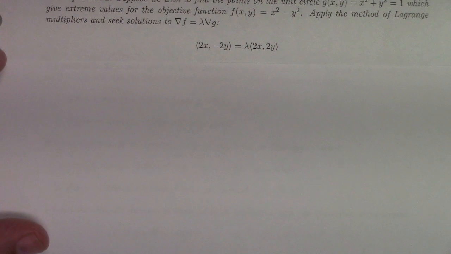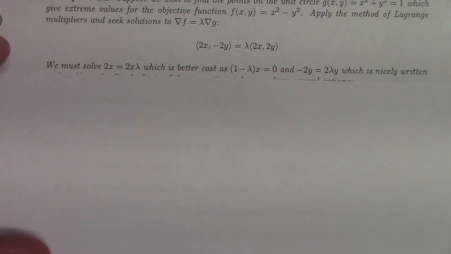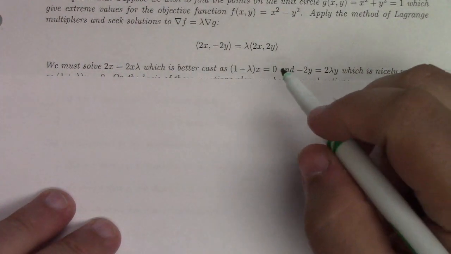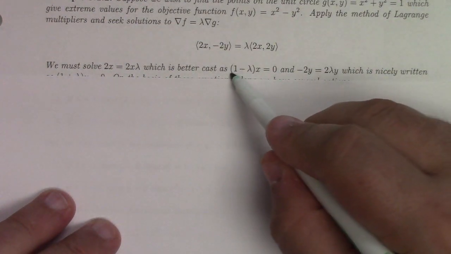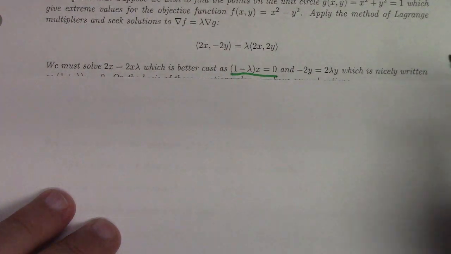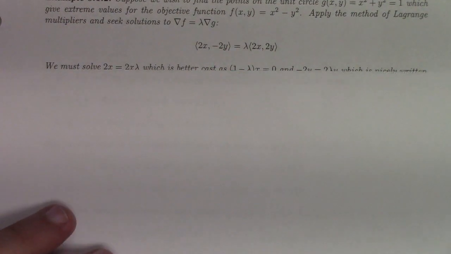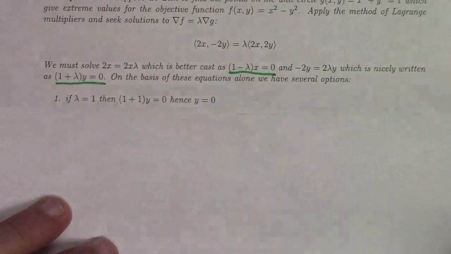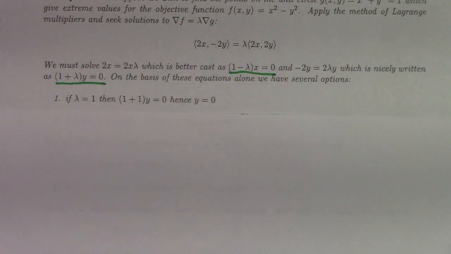So we look at the Lagrange multiplier equation. (2x, -2y) is the gradient of f, and it equals lambda times (2x, 2y). And as I was advertising last time, it's better to write 2x equals 2x lambda as (1 minus lambda) times x equals 0, and the other one is also nicely written as (1 plus lambda) times y equals 0, because then you have the product of things equal to 0.